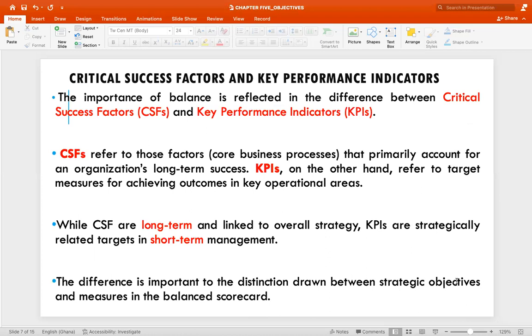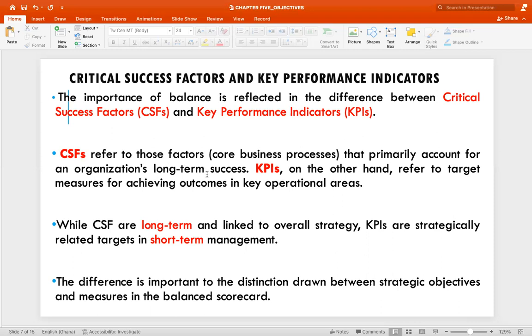Okay, let's look at these concepts too: critical success factors and key performance indicators. As we explain them, they have a relationship with financial objectives and strategic objectives, the same idea. So as we talk about them, just refresh your mind about the discussions that we just had not long ago. The importance of balance is reflected in the difference between critical success factors and key performance indicators. Critical success factors, CSFs, refer to those factors or core business processes that primarily account for an organization's long-term success.